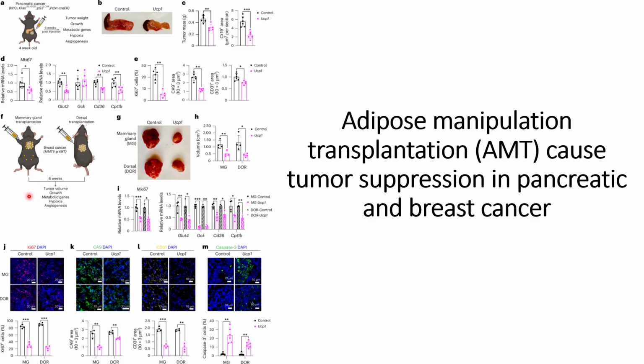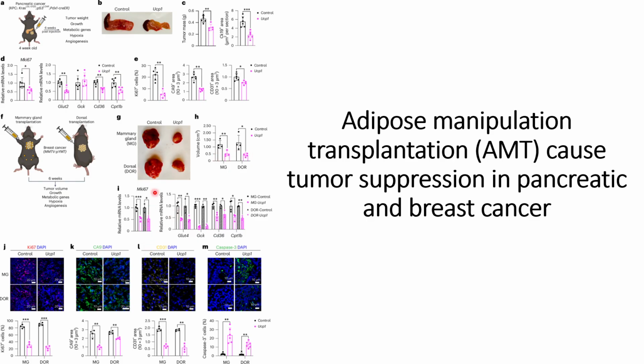Then they checked tumor volume, growth, metabolic genes, hypoxia, and angiogenesis after six weeks. Surprisingly, in both cases, the tumor growth goes down. So for breast cancers, it works at both locations where the adipose is transplanted. When they checked the tumor volumes, they also go down in both cases.